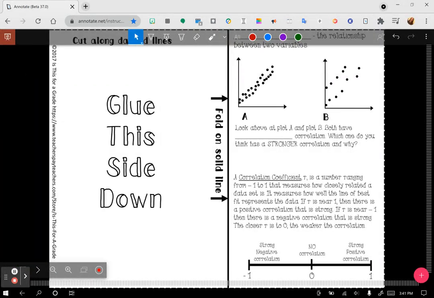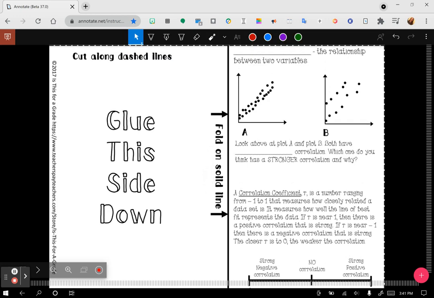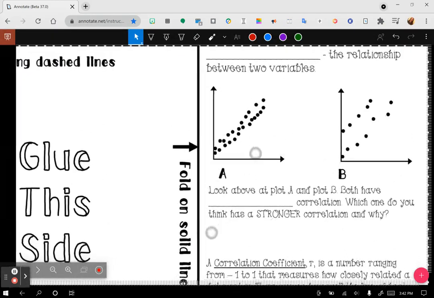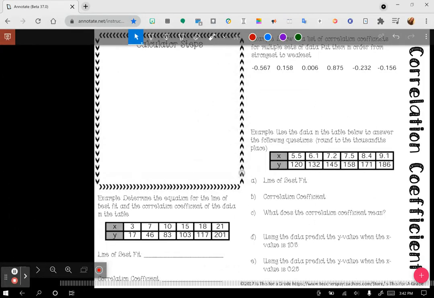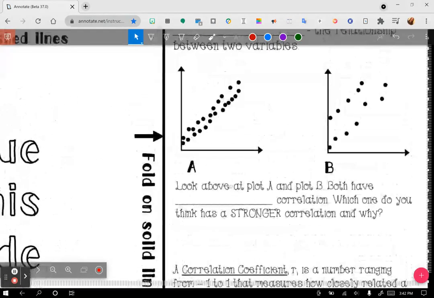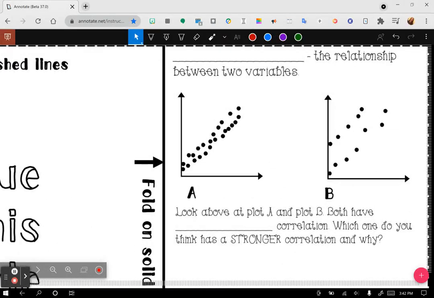Okay, so on your foldable, fold it, glue this side down, and on this front side, the vocabulary we learned yesterday is correlation.